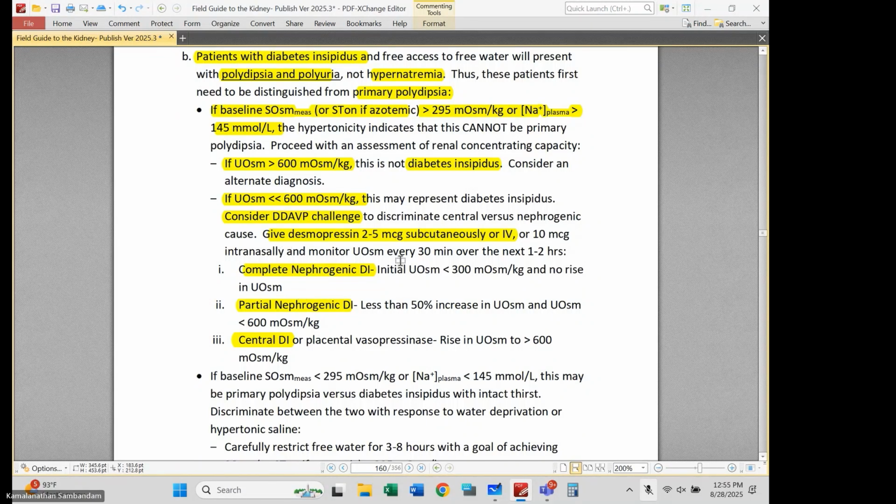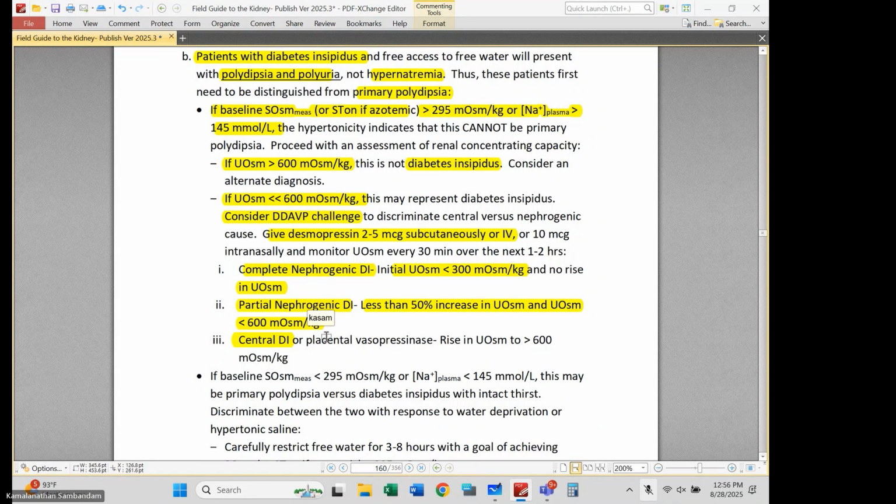So if I have a urine osmolality that doesn't concentrate much at all, obviously that patient has a profound nephrogenic diabetes insipidus. Okay, so I start with a urine osmolality that's dilute and it doesn't concentrate in response to desmopressin. If I have a patient who has some response, but the response is submaximal, then you can claim that this is a partial nephrogenic diabetes insipidus.